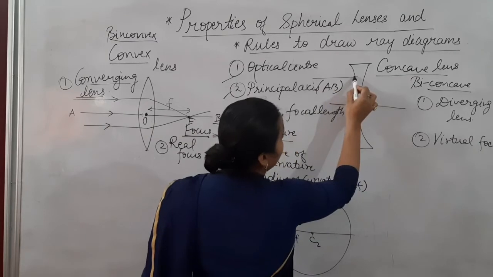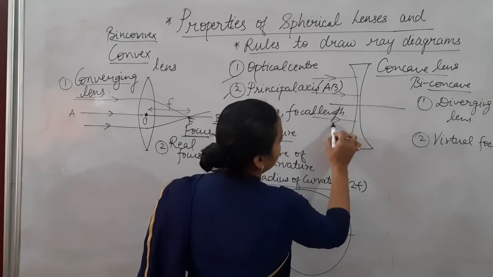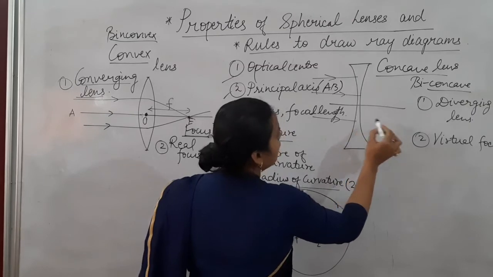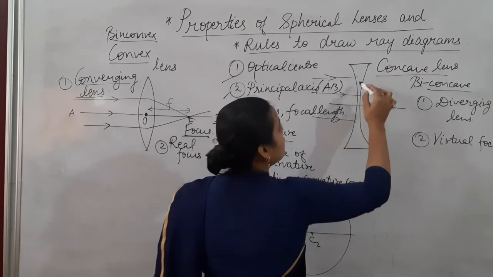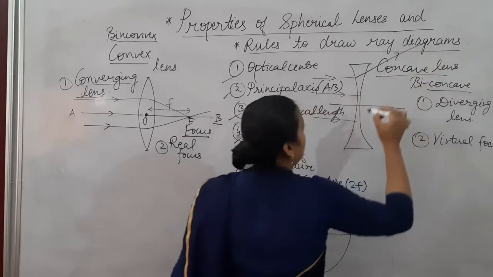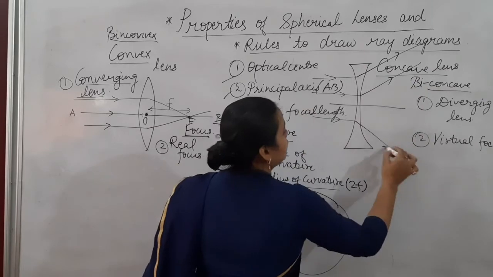See, if all the light rays fall on this lens, since it is diverging in nature, they will diverge in this manner.